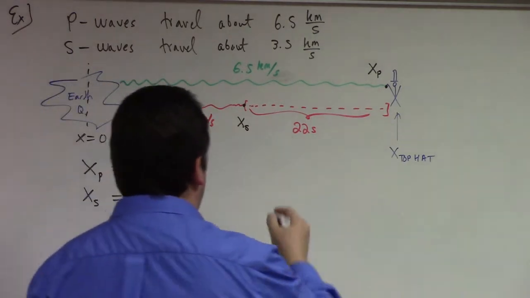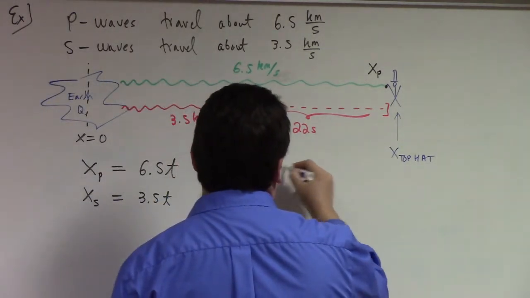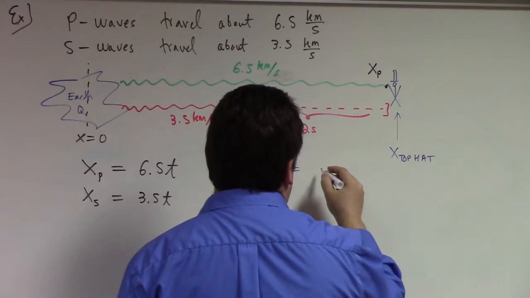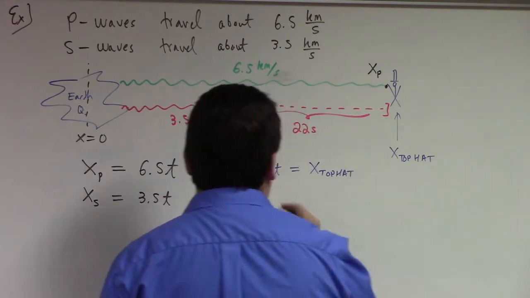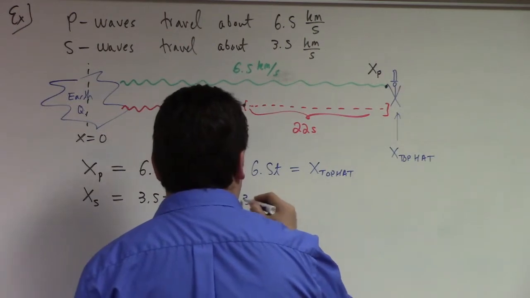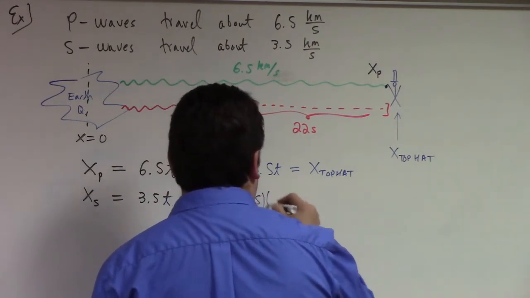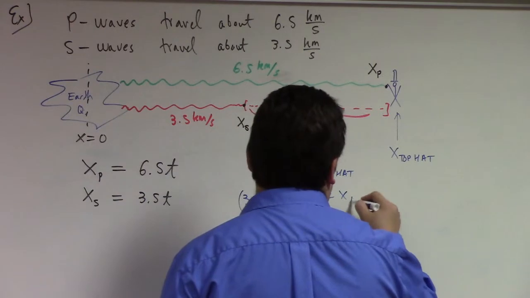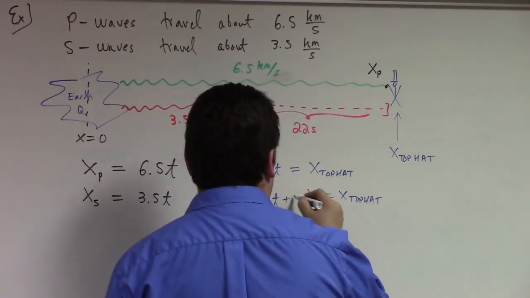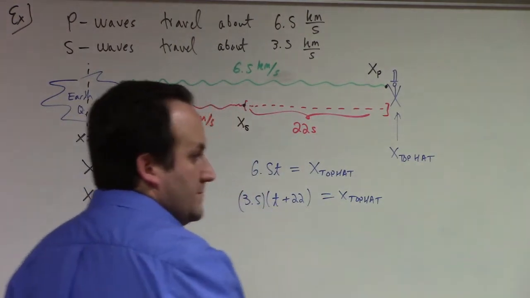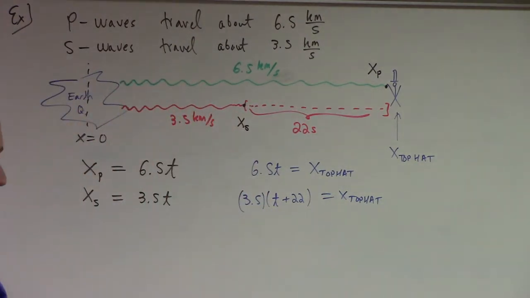So we have 6.5t is equal to x top hat, right? But we also have 3.5 times what is equal to x top hat? t plus 22. Yeah, exactly. So, two equations, two unknowns.